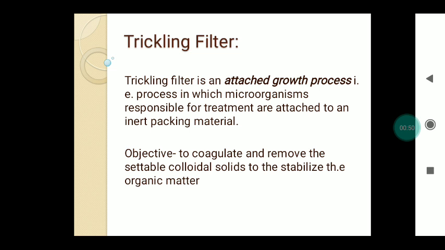That means in this system the decomposition or oxidation of organic matter is done by microorganisms like bacteria, fungi, algae, etc. The objective of the trickling filter is to remove the settleable colloidal solids and stabilize the organic matter. That means with the help of microorganisms we oxidize or decompose the organic matter and form a stable effluent from the sewage or wastewater.